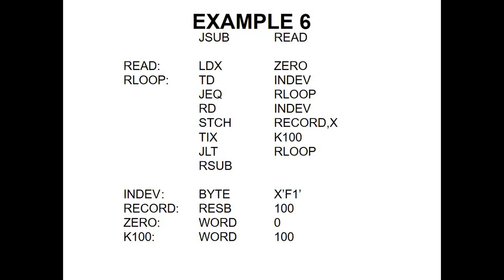Okay, so when we look at those instructions, let us look at the program. We are assuming, like we explained, that maybe this is just in the middle of a program. So you get somewhere and you say, jump to subroutine, read.